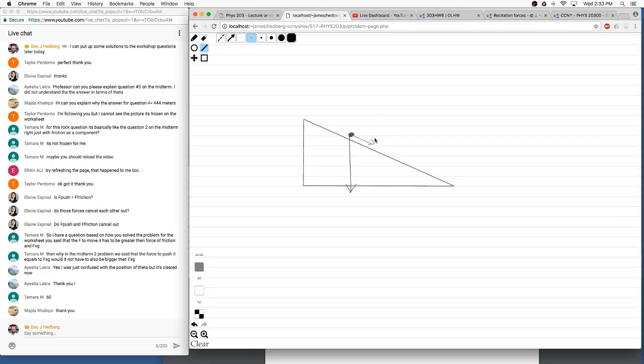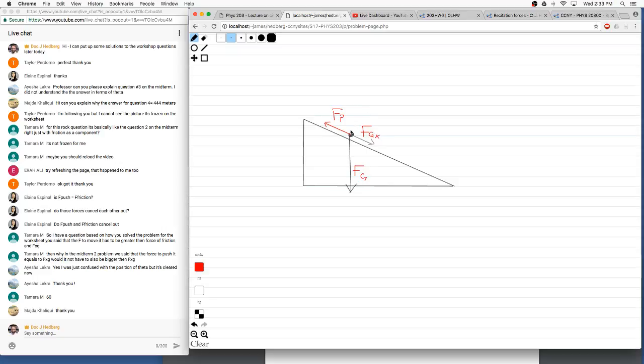In the case of the question on the midterm, all we were doing was having to push up. I'll change the color for clarity. In red, we'll make a nice upward push there. That would be the force push. This is Fg, this is the Fgx.